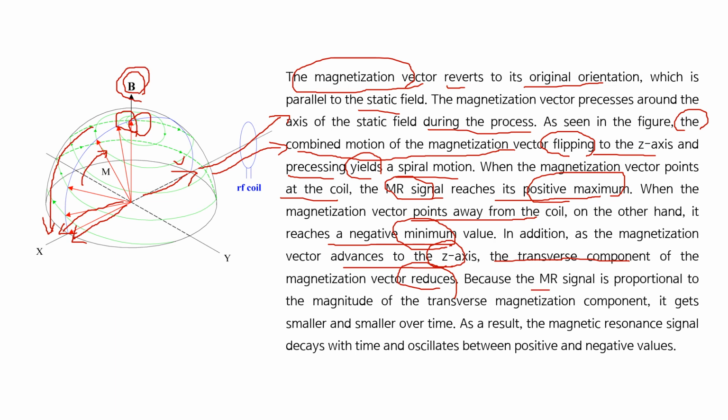Because the MR signal is proportional to the magnitude of the transverse magnetization component, it gets smaller and smaller over time. As a result, the magnetic resonance signal decays with time and oscillates between positive and negative values.